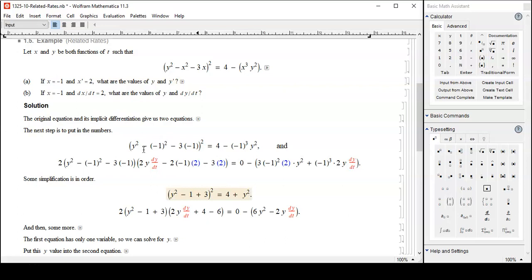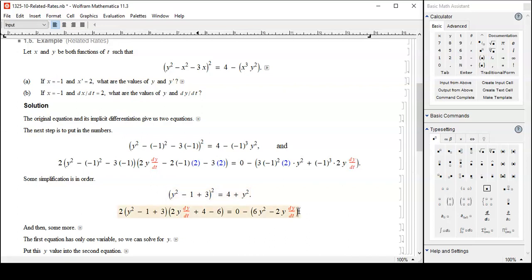Please check. This -1 squared, so -1 and negative positive like this. And negative to the third power, another, so that's positive like that. All good? How about the next?